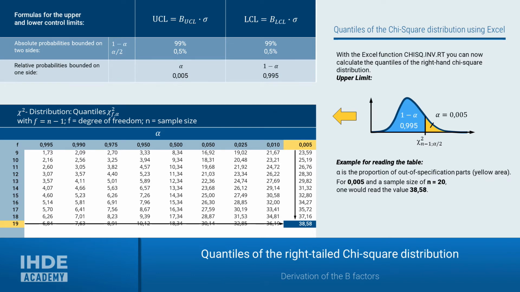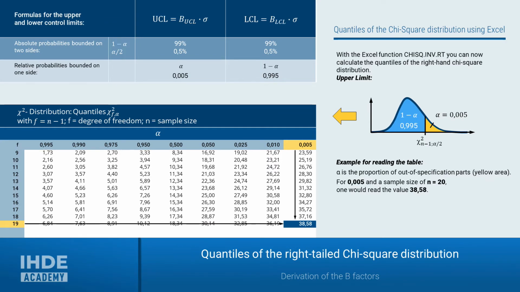The value distribution shown here is divided into two parts. The blue part on the left and the yellow part on the right, labeled alpha. For this alpha proportion on the right, the quantiles are tabulated, representing the limit on the x-axis. Hence the name of the right-hand chi-square distribution.